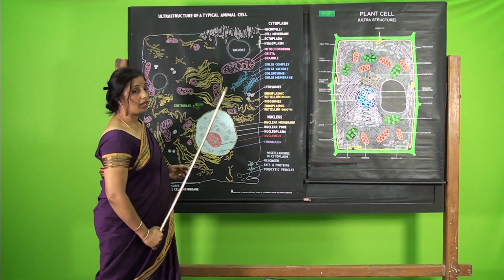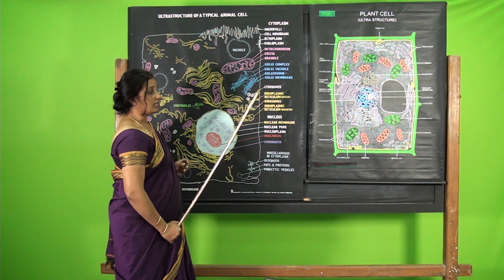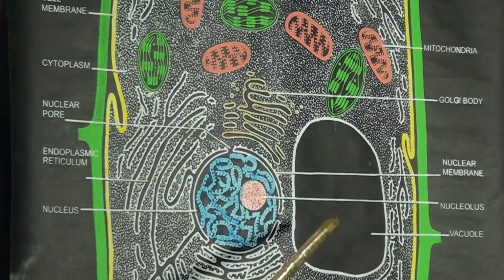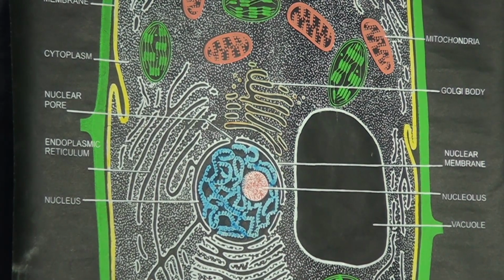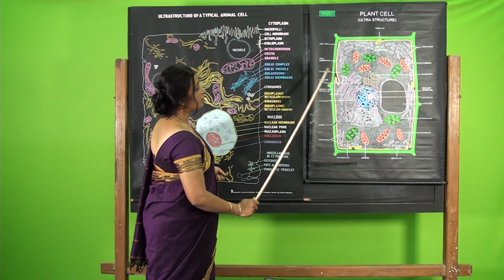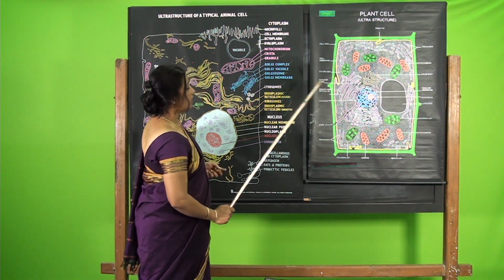The function of the vacuole is to store water, ions and other material. In the plant cell, it also acts to give and maintain the turgidity of the cell. These are the three main differences you can note between the plant cell and the animal cell.